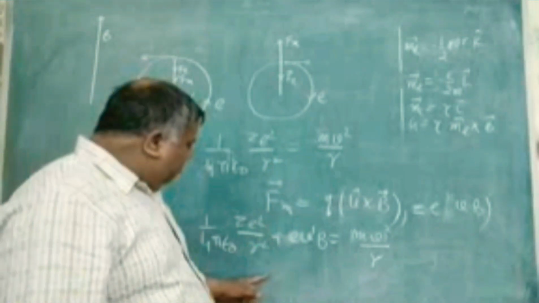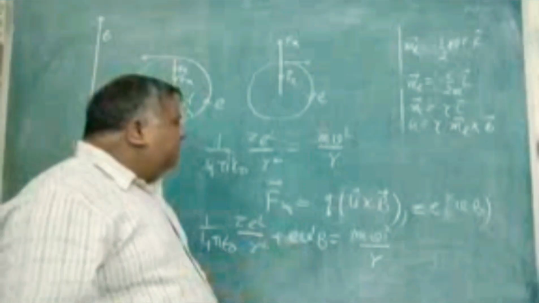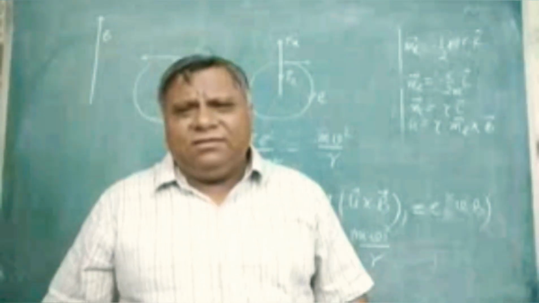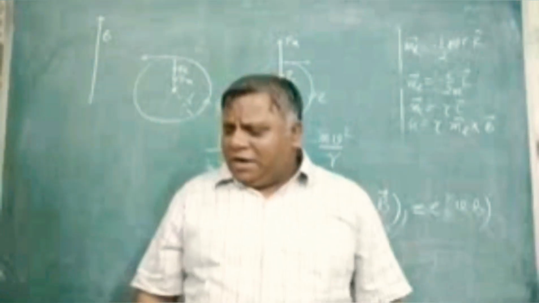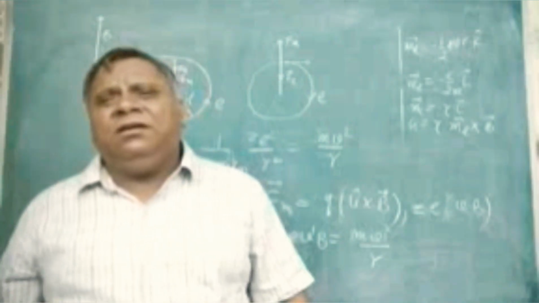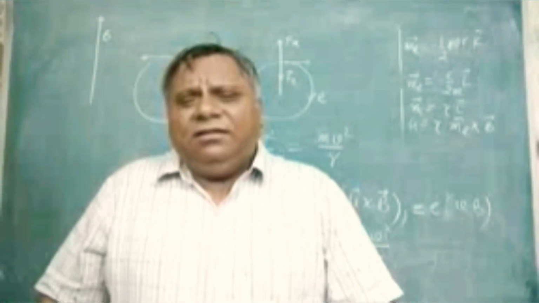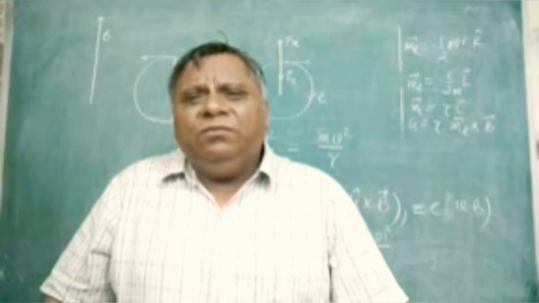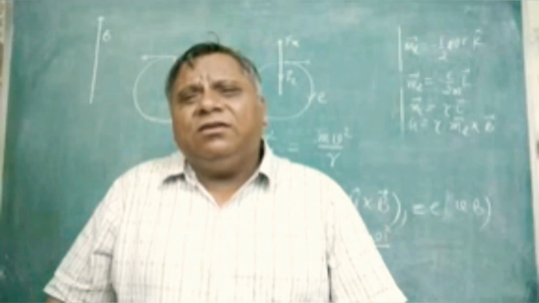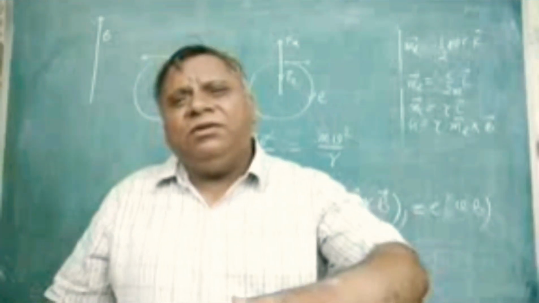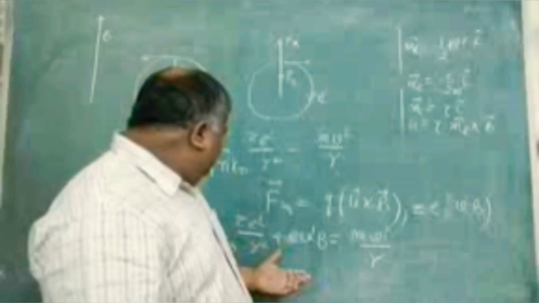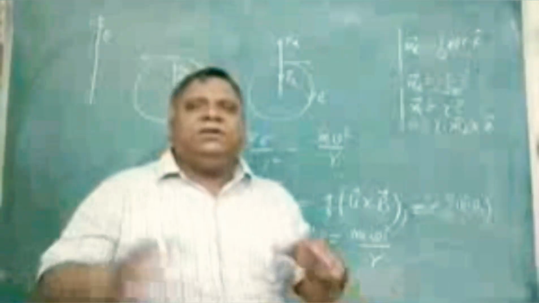This equation is not same to this equation. Obviously the velocity will be different. It may be the radius as well, but Larmor has shown, as I have already discussed, that the radius of the orbit remains same. Orbit remains same.